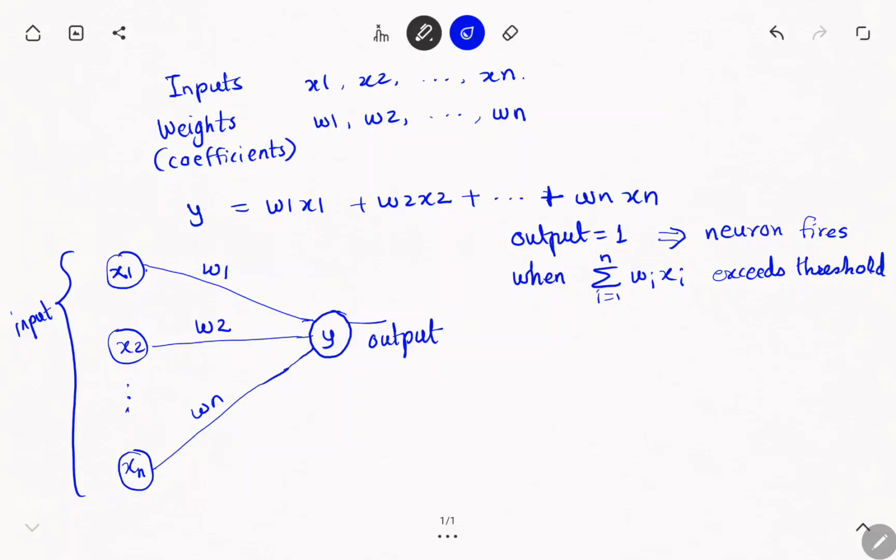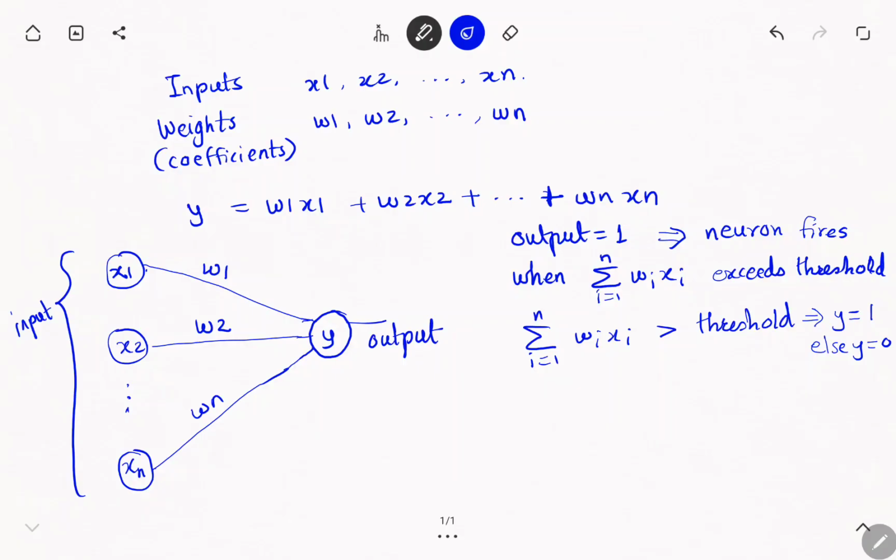Right now what we are saying is, if the summation, i goes from 1 to n, of wi xi exceeds the threshold, then the neuron will be fired, that is, output y will be equal to 1, else y will be equal to 0 if it is less than or equal to the threshold.